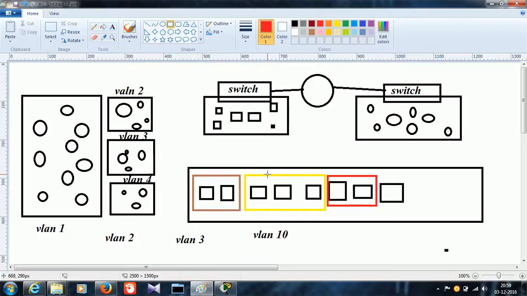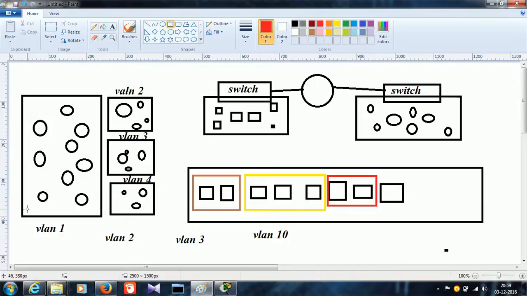Correct. So I think this scenario gives us a better understanding of what is a switch, what is a router, and why we need VLANs. What I'm coming to say is that in one switch we have one VLAN as the native VLAN, called VLAN number 1. In the same box, we can create multiple VLANs.